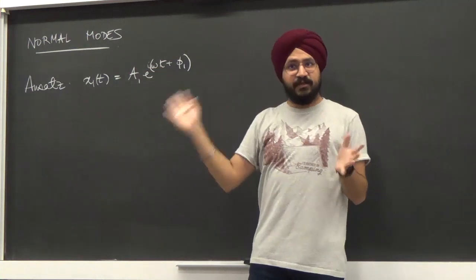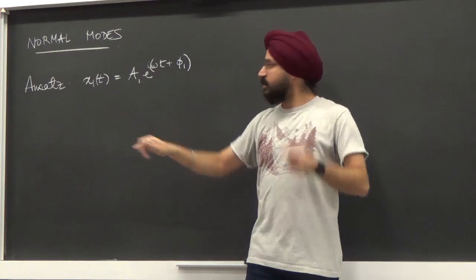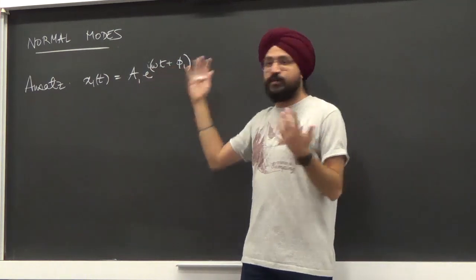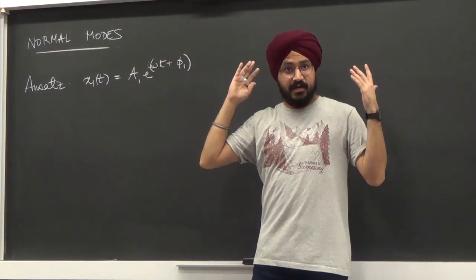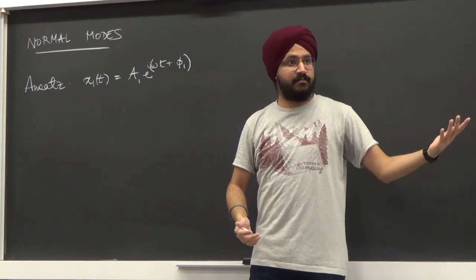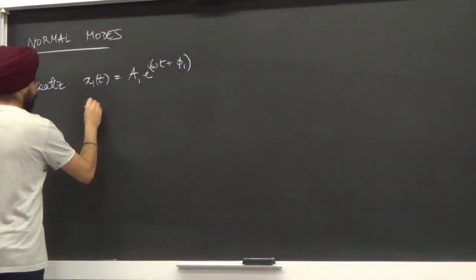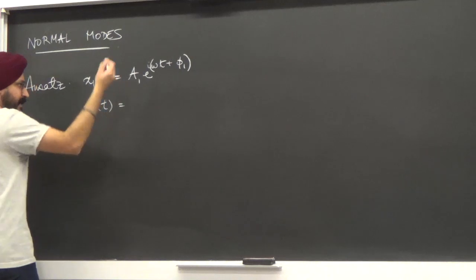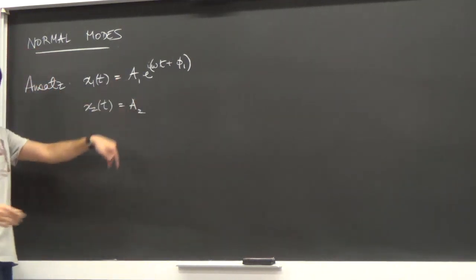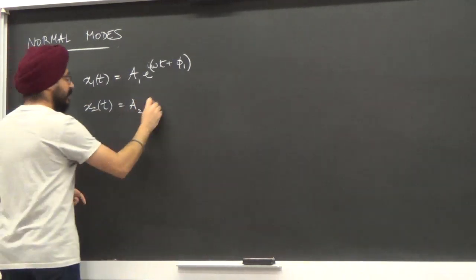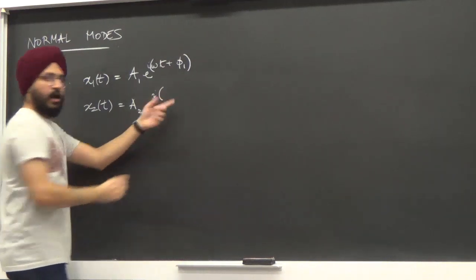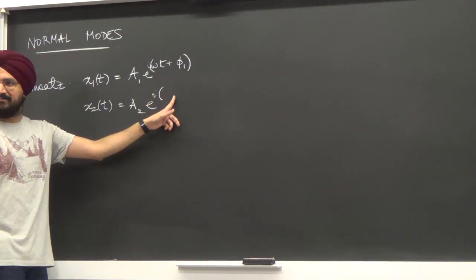This is not the natural frequency of a particular particle. This is not the driven frequency of anything. It's something we want to determine. What's x2 of t? Some amplitude, unknown, depending on initial conditions, e to the i omega t, or some different omega?